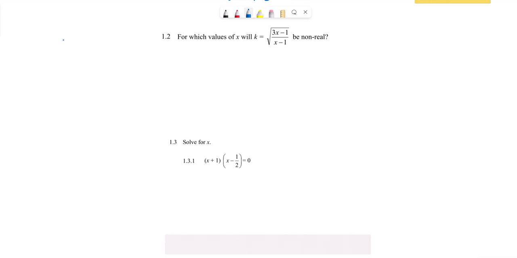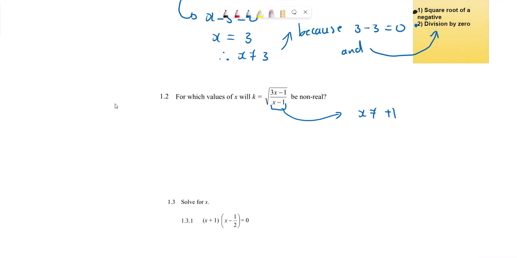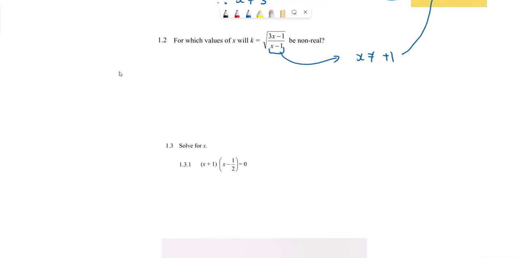So you can see by just looking that x cannot be plus 1, and that is because division by 0 is not allowed. But that is not only these values. Let us take the whole expression. I will tell you why.